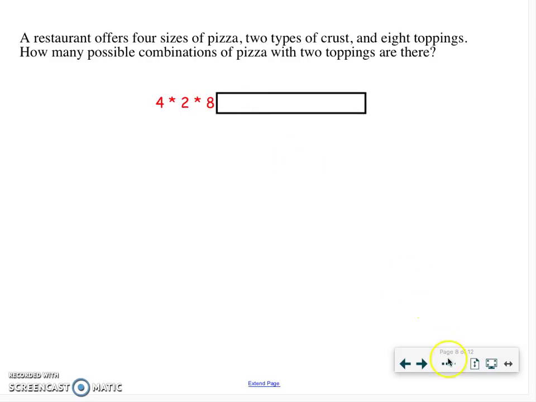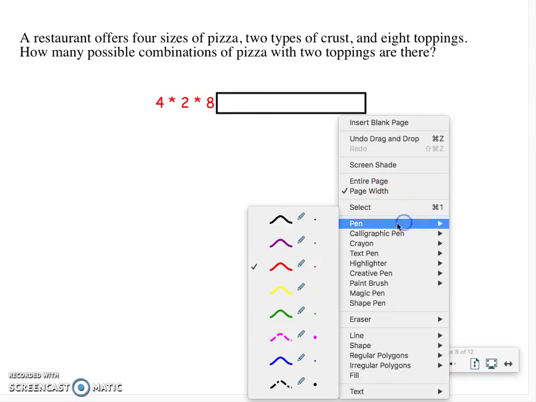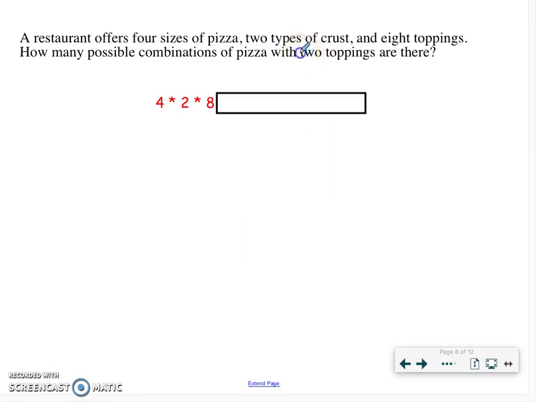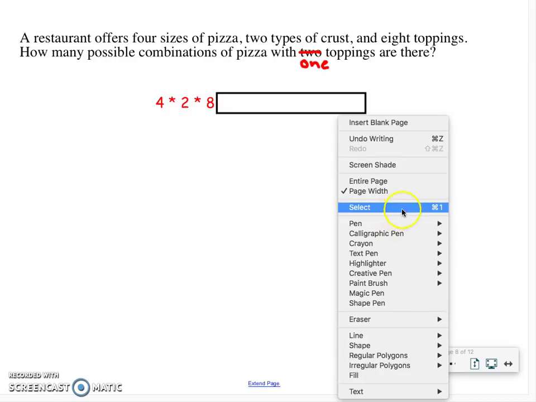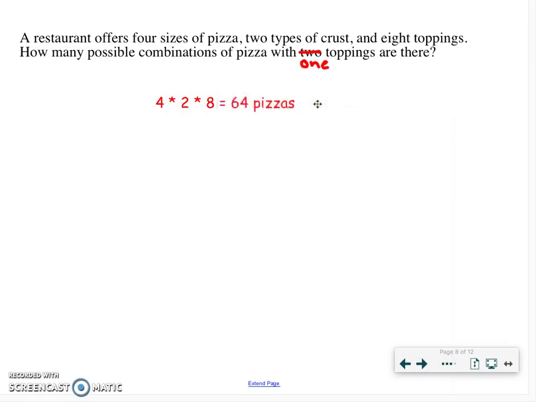Actually, I'm going to change this real quick just because of how it's already written. We're going to say you only get 1 topping, so change that to a 1. So we just take 4 times 8 times 2, and when you multiply that all together, there's 64 different pizzas.